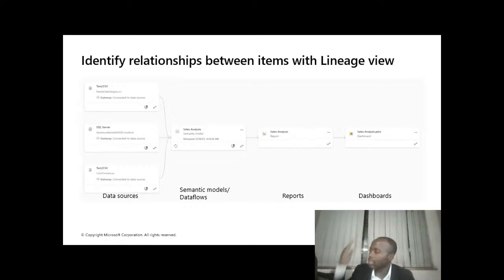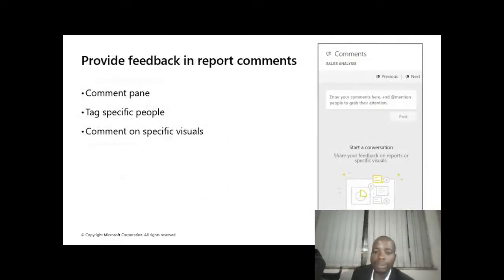So data sources, semantic models, and dataflows, reports up to dashboard. It shows the relationships from the source to the finish, and it helps you with troubleshooting. So data lineage refers to the path that data takes from data source to destination. You can say view lineage in Power BI service. All right, and in simple terms, that's it.